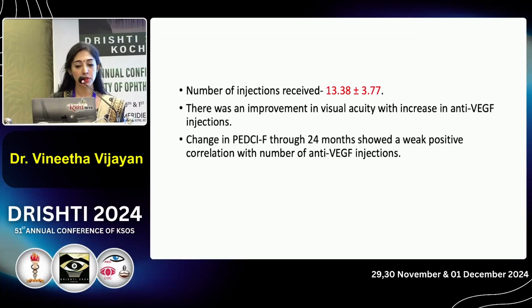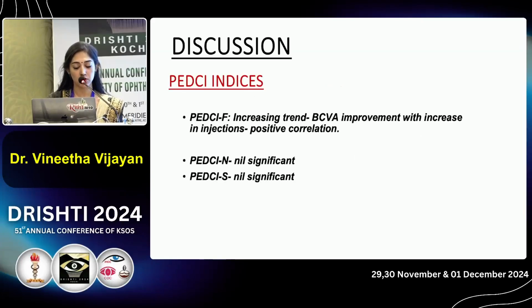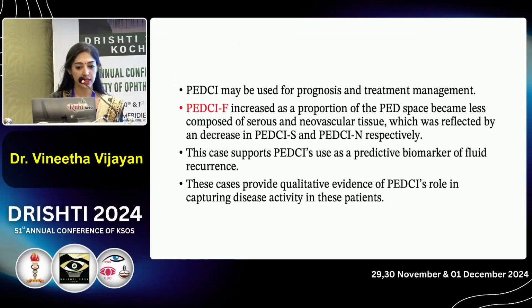There was an improvement in visual acuity with an increase in the anti-VEGF injections throughout. The change in the PET-CF through 24 months showed a weak positive correlation with the number of anti-VEGF injections. So the PET-CF showed an increasing trend with a positive correlation because there was a BCVA improvement, and the neovascular and the serous components had no significance.